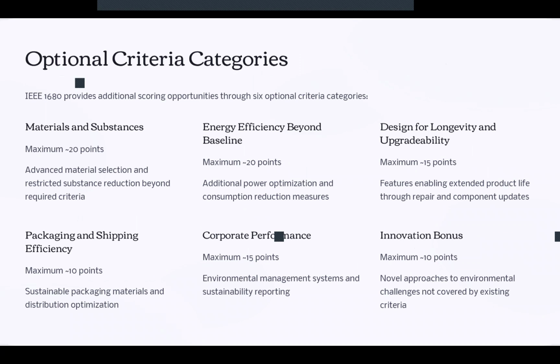So these are the optional criteria. They aren't required for certification, but they show innovation and leadership in sustainability by the manufacturer. One is the materials and substance category that can earn up to 20 points. This includes things like using a higher percentage of recycled content, avoiding additional harmful substances, or sourcing safer materials.